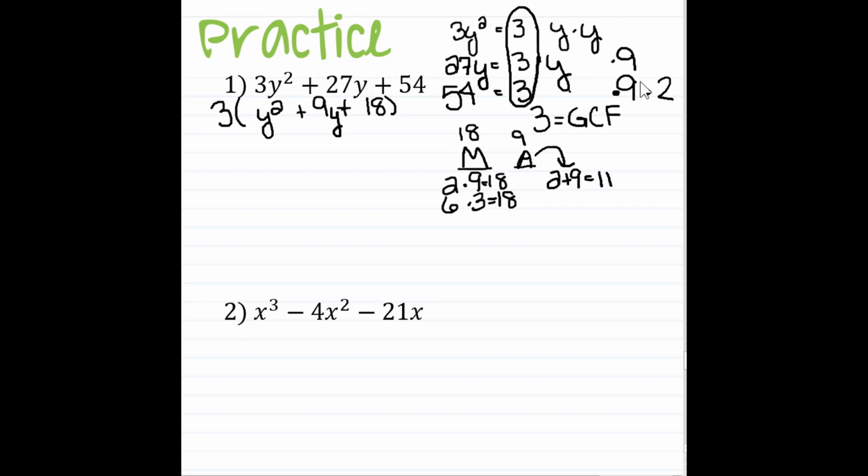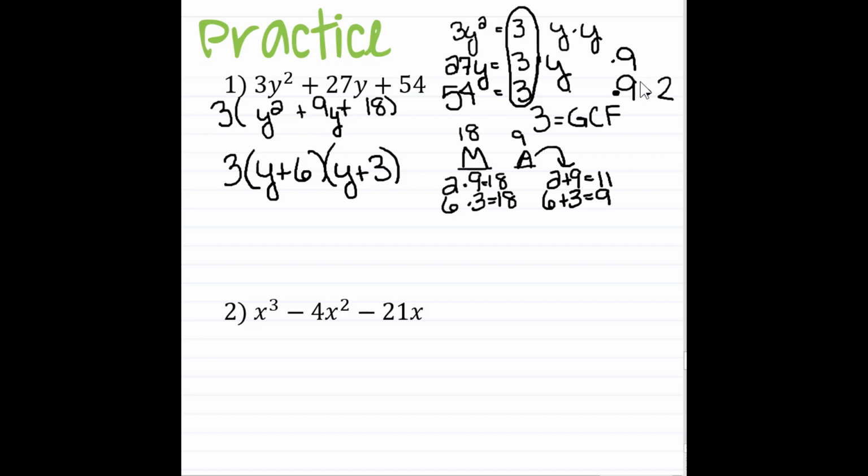Well, that's 18. And if I take 6 plus 3, guess what I get? I get 9, so that's it. I'm going to have 3 parentheses. I'm going to have y plus 6, and then y plus 3. And we did it!